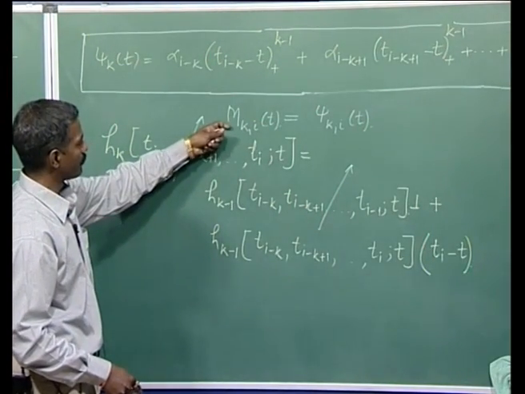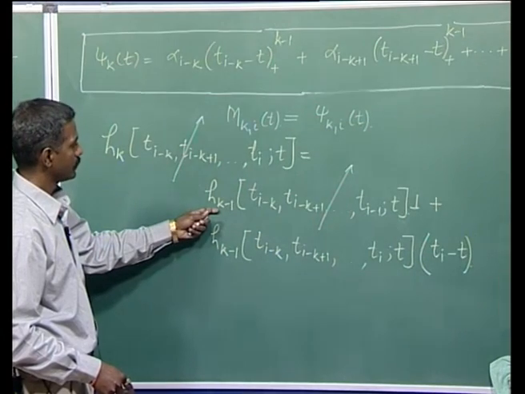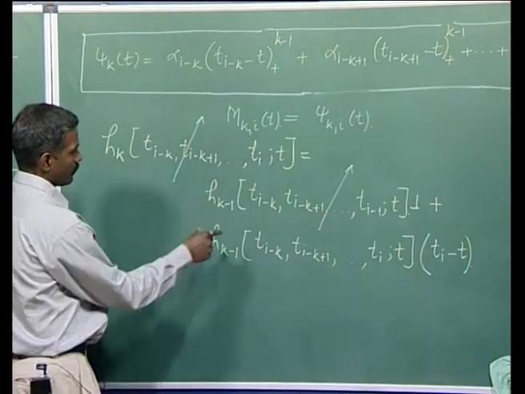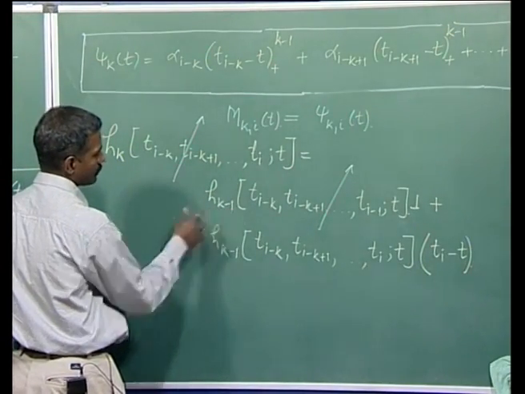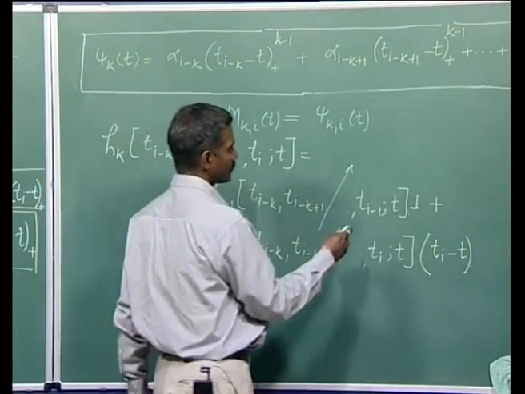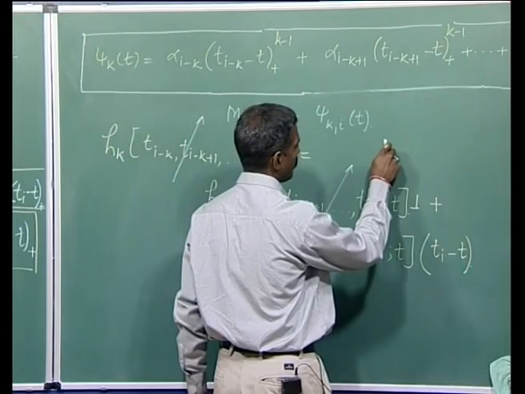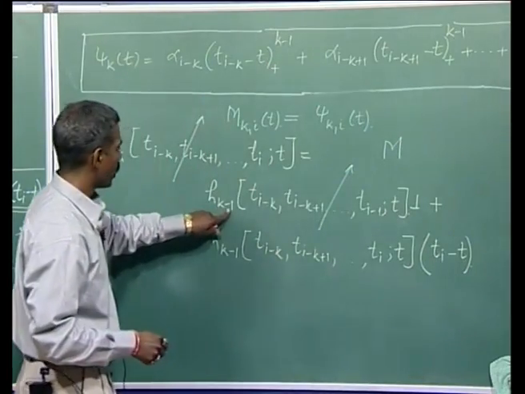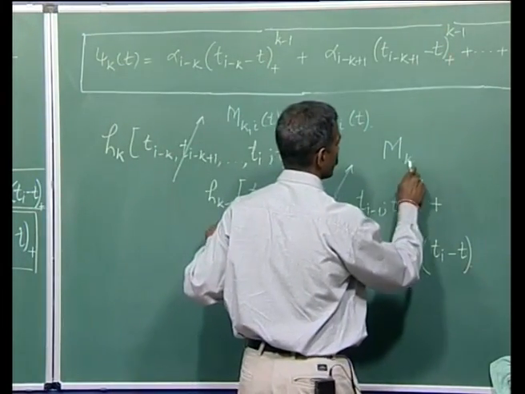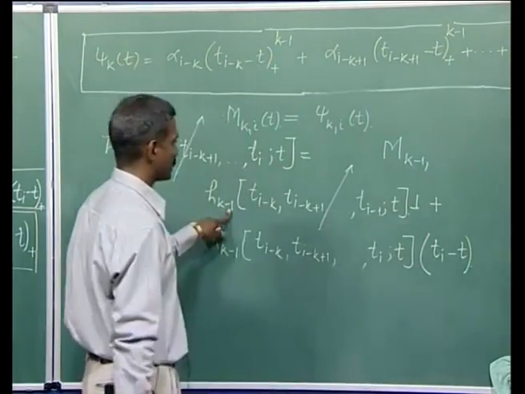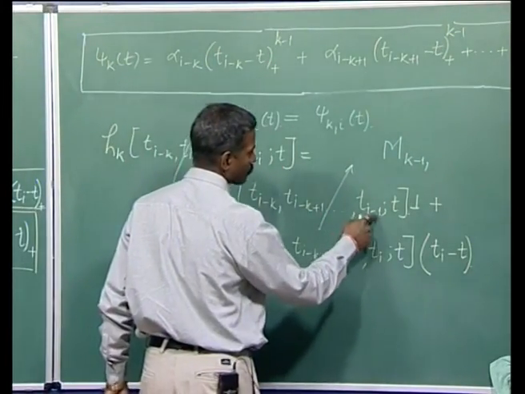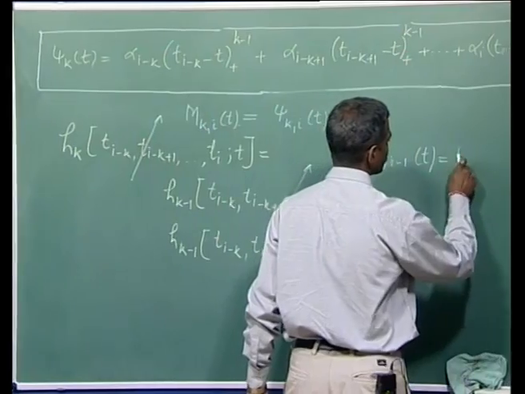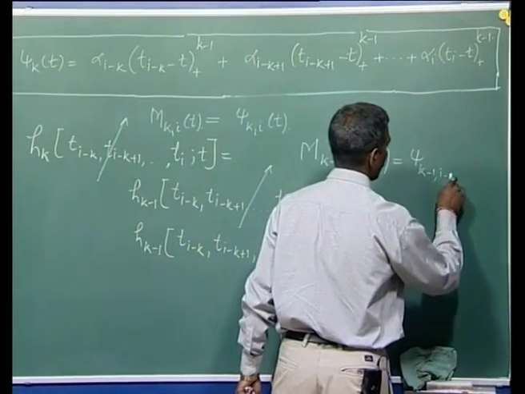By the same argument that we have used here, this corresponds to the (k minus 1)th divided difference of the order k minus 1 truncated power function. So this would be a spline, a B-spline basis function. What is the order? The order is k minus 1, of course. And what would be the last knot? The last knot would be i minus 1. In terms of psi, this is psi_{k-1,i-1}(t).